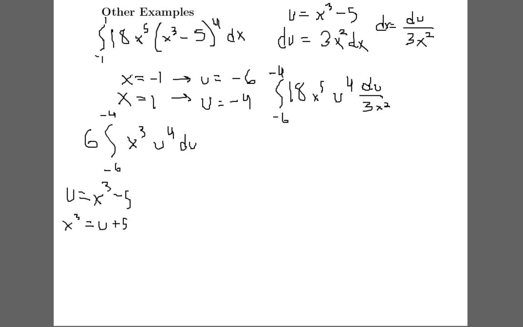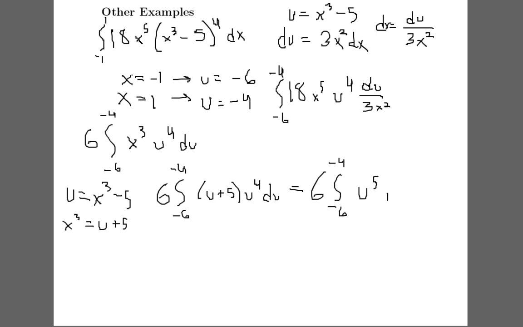And then we plug that back in, and we get 6 times the integral from -6 to -4 of u plus 5 times u to the 4th du, which equals 6 times the integral from -6 to -4 of u to the 5th plus 5u to the 4th du.